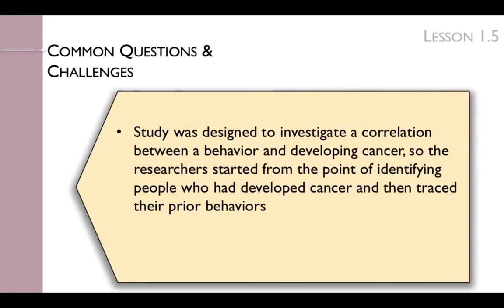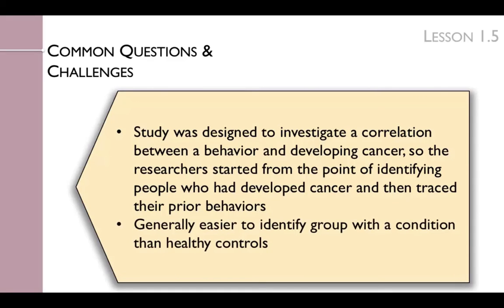This is because the study was designed to investigate a correlation between a behavior and developing cancer. So the researchers started from the point of identifying people who had developed cancer and then traced their prior behaviors. Also, generally, it is easier to identify groups with a condition than healthy controls.